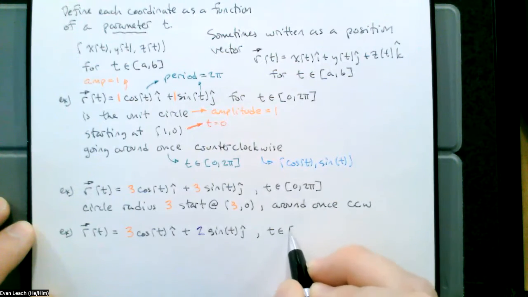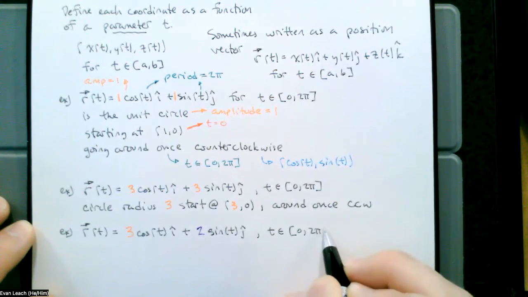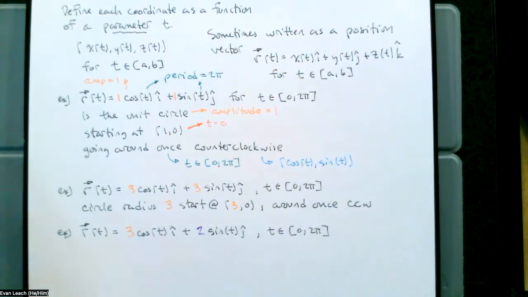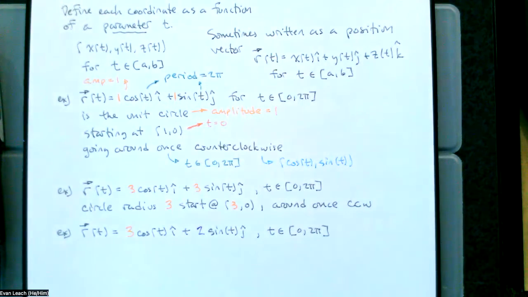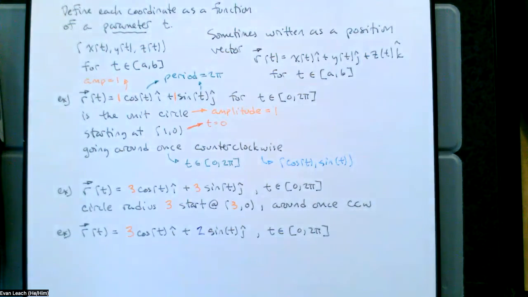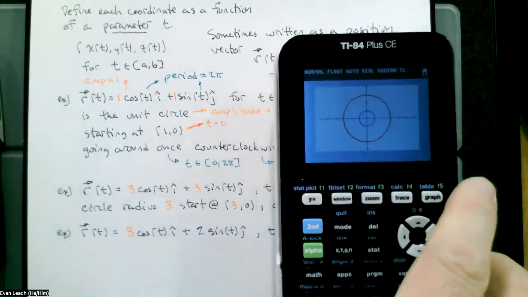Don't change anything else. So in the x direction, it's not really going to be a radius anymore, but we'll start off at 3, 0 and go down to -3, 0. But in the y direction, we'll only go up to 0, 2 and down to 0, -2.